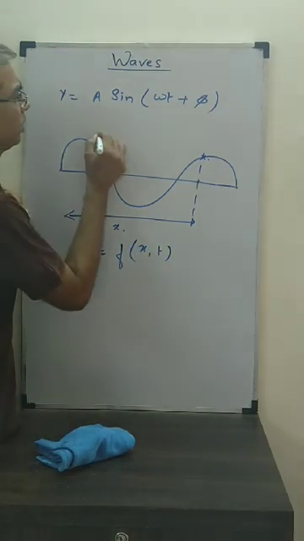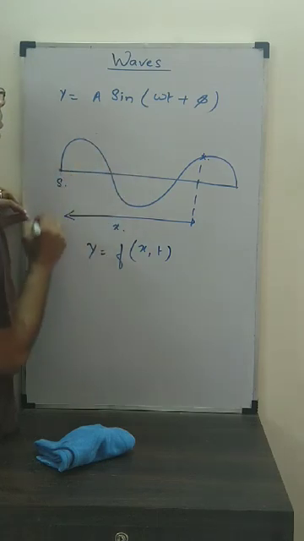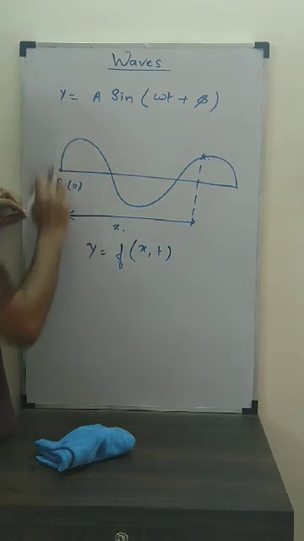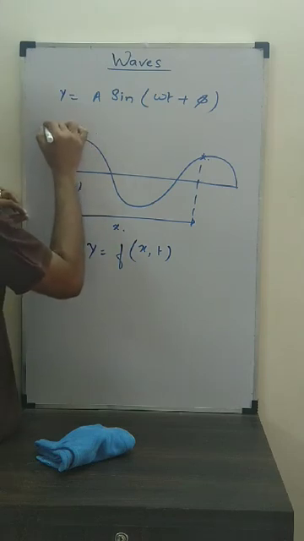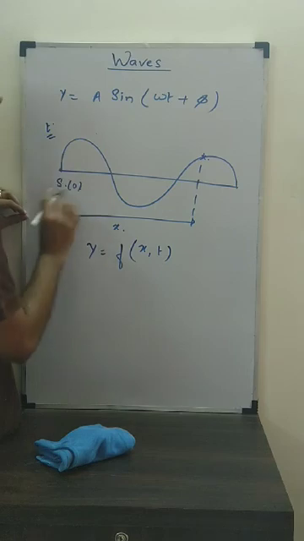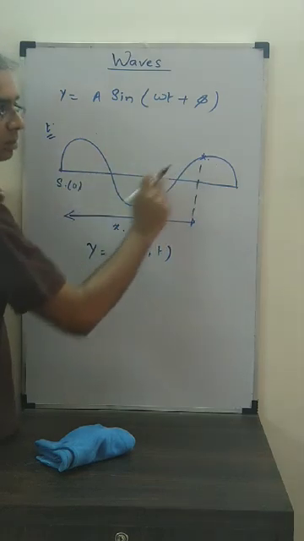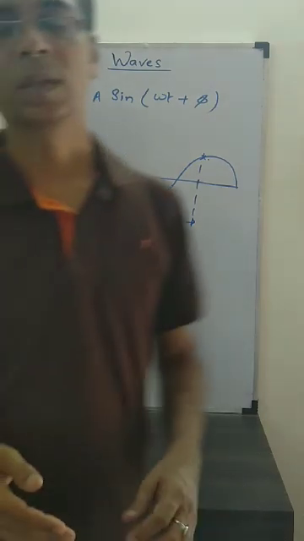Now just concentrate on that one. Let's assume that here is the source and this is the origin also. Now first this starts oscillating, let's say at some time t. Did this particle also start oscillating at the same time? The answer is no. Why? Because it takes time.